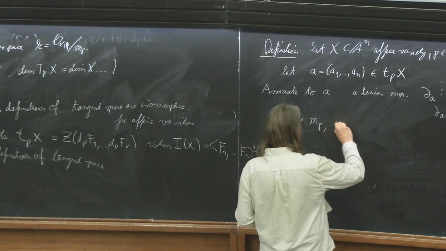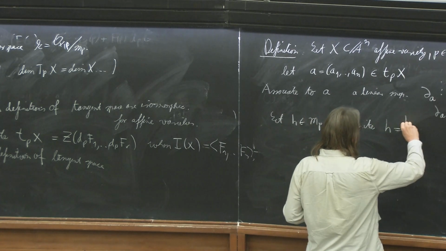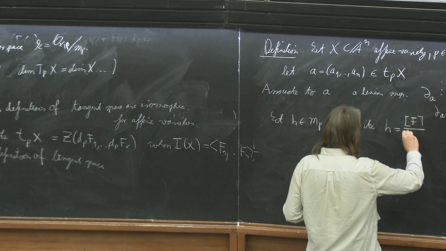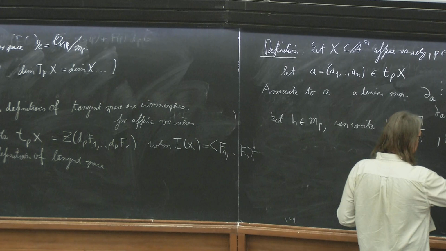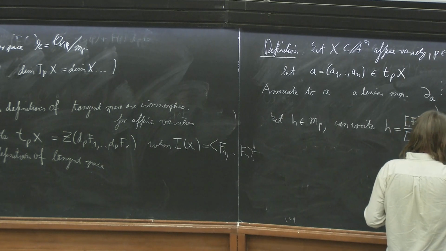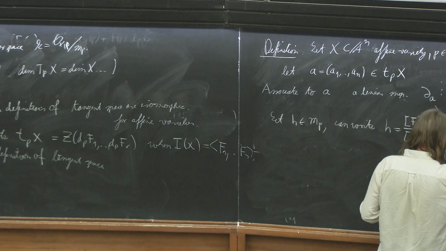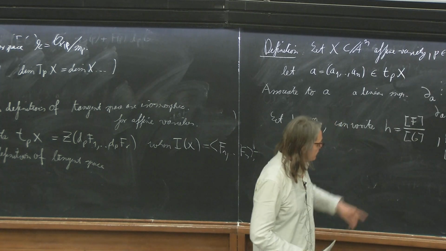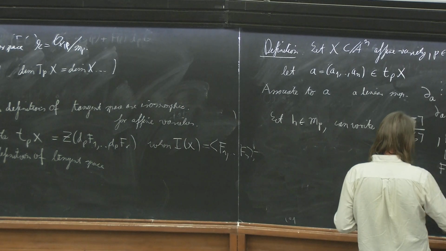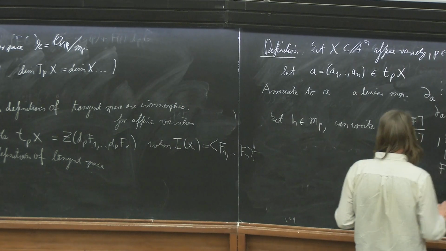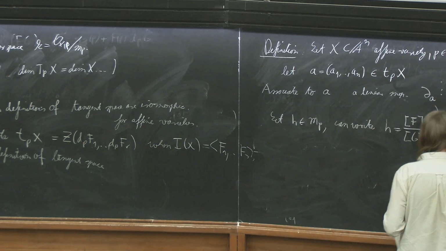Then we can write H equal to F divided by G, where F and G are polynomials, the classes in AX, such that F of P is equal to 0 because we are in the maximal ideal, and G of P is not 0. So we can do this.